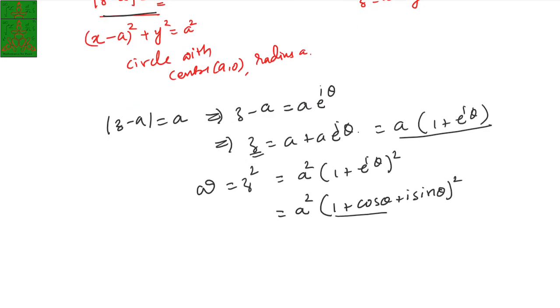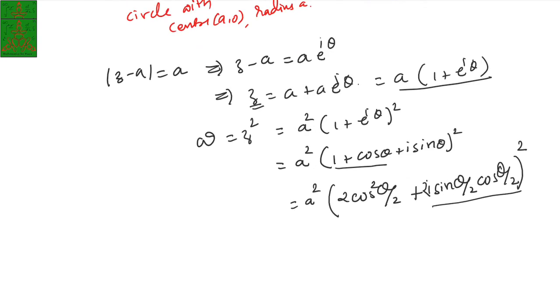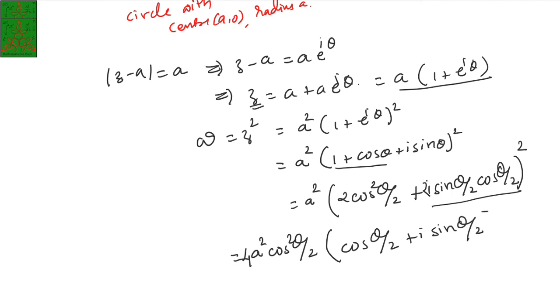Now 1 plus cos theta we can write as 2 cos square theta by 2, plus i sin theta I can write as 2 sin theta by 2 times cos theta by 2. Now just observe that 4 is common out, cos square theta by 2 is common out. Here we'll have cos theta by 2 plus i sin theta by 2 whole square.